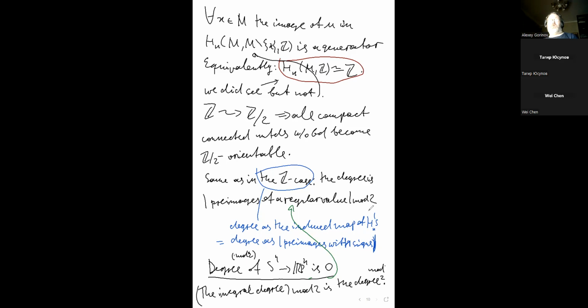Okay, so next time we will prove Ulam's theorem, and in the meantime, Tagia and Wei, please look at your notes. If you can't find the argument which says that the two definitions of a degree are equivalent, please let me know.